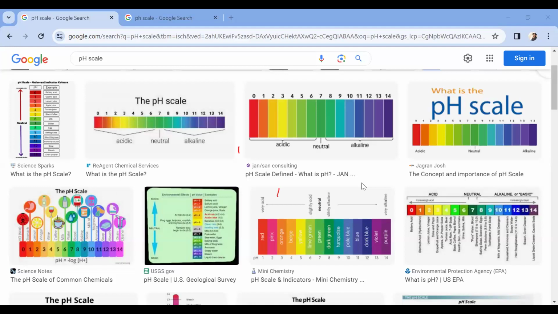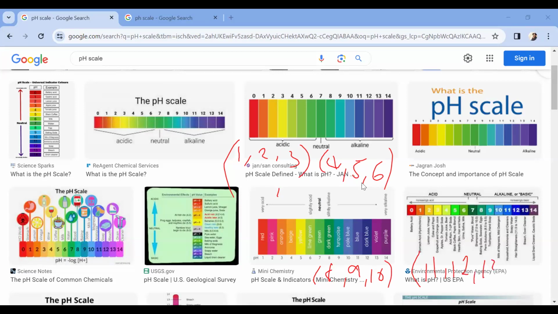For example, when you have acidity as 1, 2, and 3, that one is a strong acid. But between 4, 5, and 6, that one is a weak acid. Then when you come to the alkalines, the higher the value, the more alkaline it is. For example, 8, 9, and 10 are weak alkalis, while 11, 12, 13, and 14 are strong alkalis.